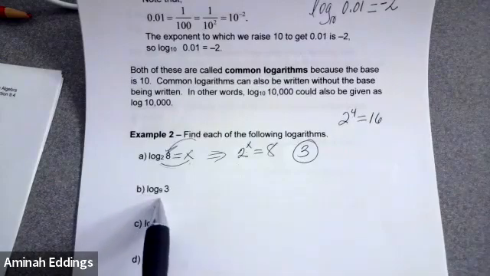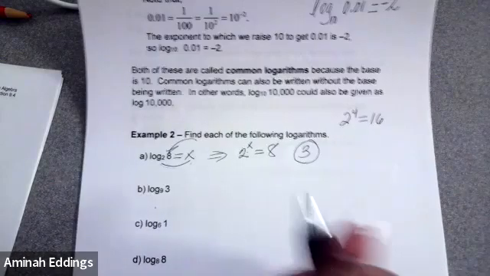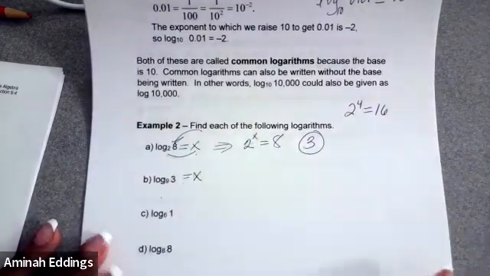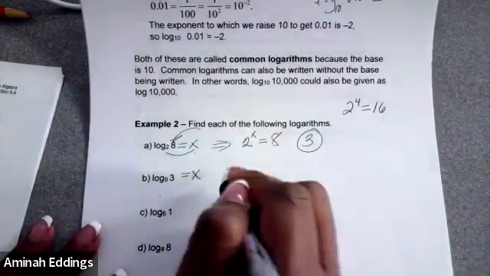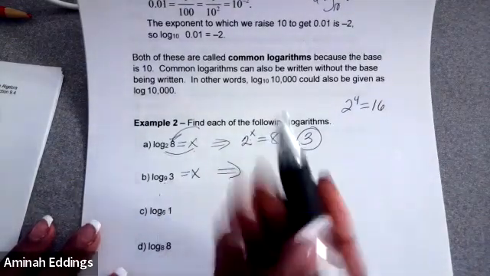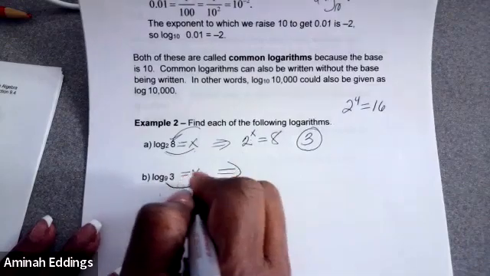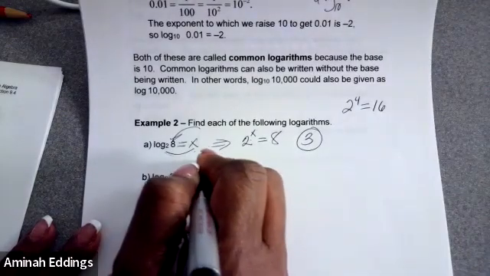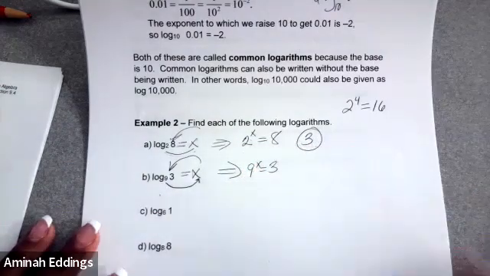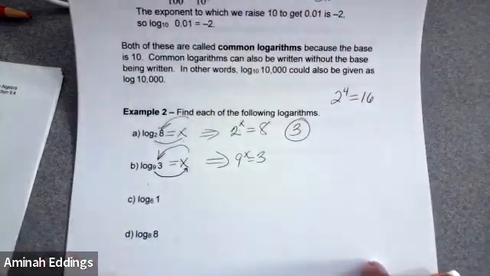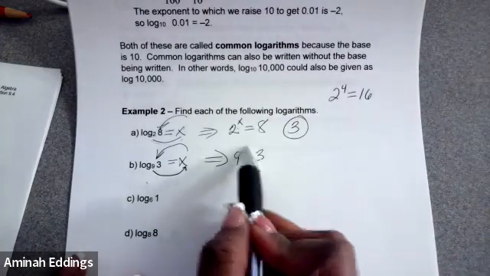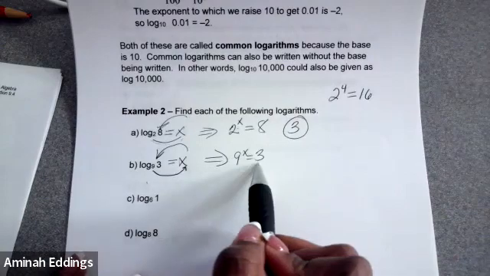B, log base 9 of 3. All right, so again, we're going to set this up into an equation, and then put it into exponential form. So base of 9, 9 to the x power is 3. Does everyone see where that's coming from? Okay, so now I'm trying to figure out 9 to what power is 3?